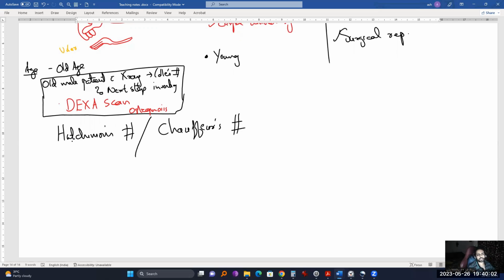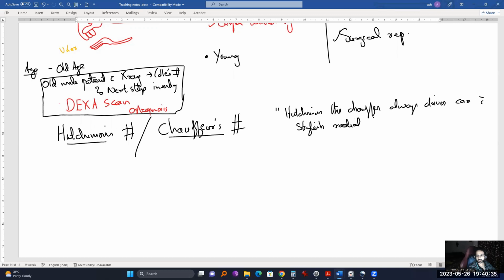So Hutchinson or the Schoffer's fracture, you can remember it using the code: Hutchinson the Schoffer always drives car with stylish radial tires.